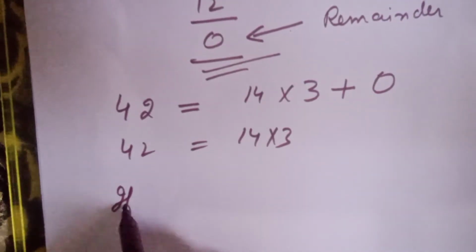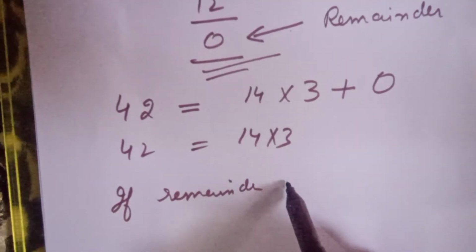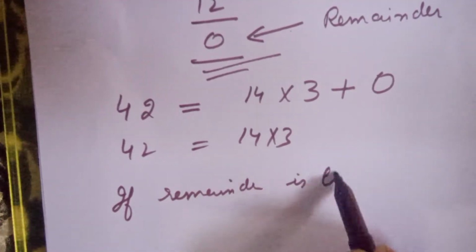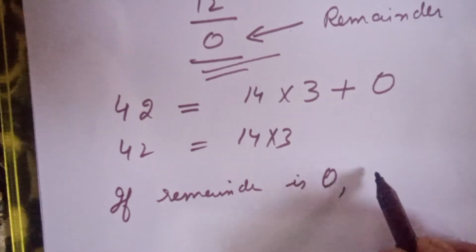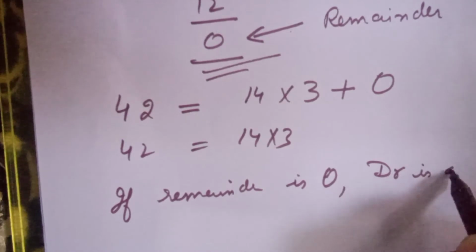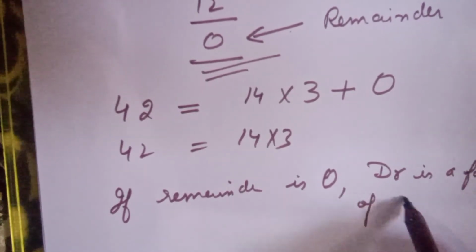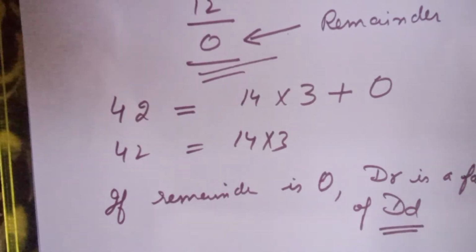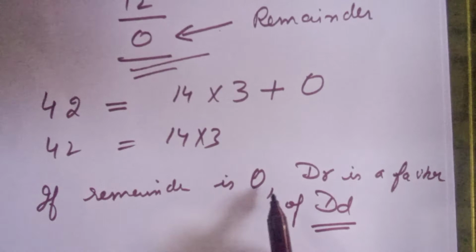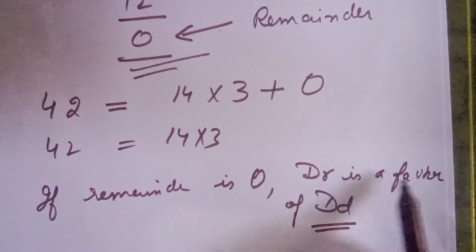So that means if the remainder is 0, then the divisor is a factor of the dividend.